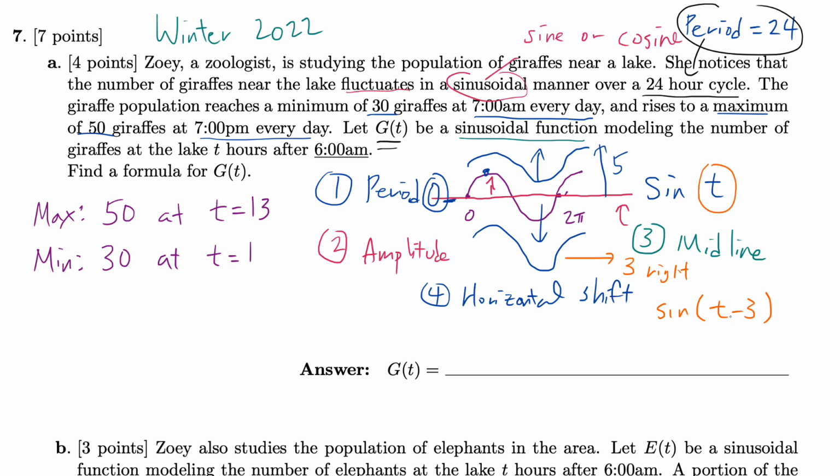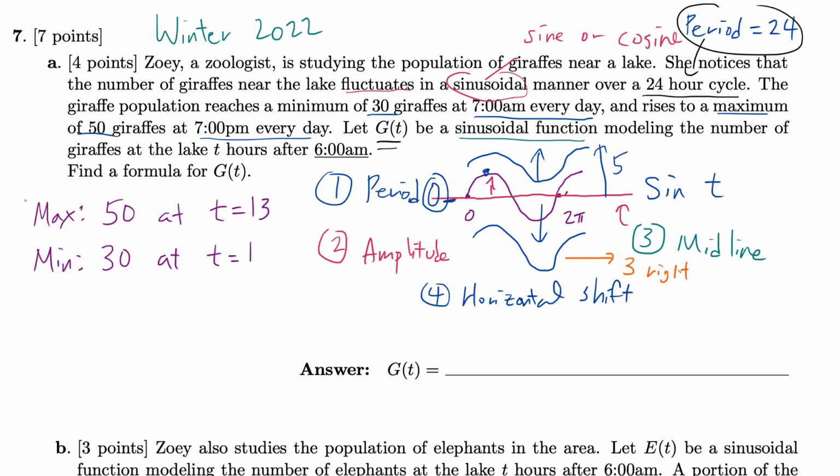By replacing t with the quantity t minus 3, that's exactly moving 3 to the right, because here you have to plug in 0 to get sine of 0. Now I have to plug in 3 to get sine of 0 inside. So the x value corresponding to its output has shifted to the right by 3. So you want to do t minus 3. This can be confusing for some people. It's not t plus 3 for 3 to the right.